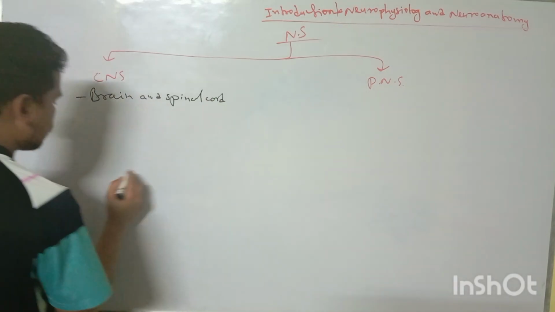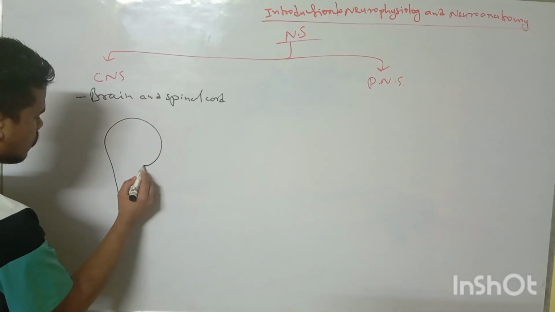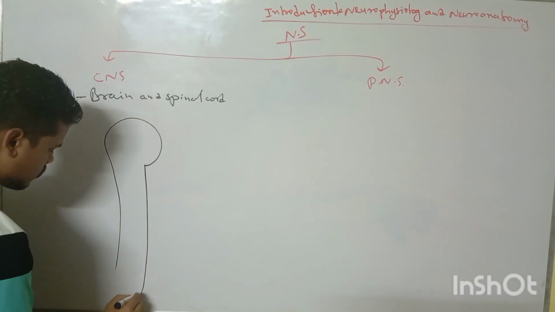No doubt you know well that the central nervous system includes the brain and spinal cord. Let's understand through a very rough figure.